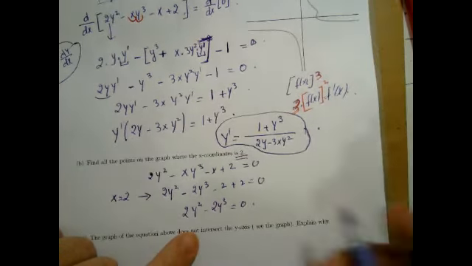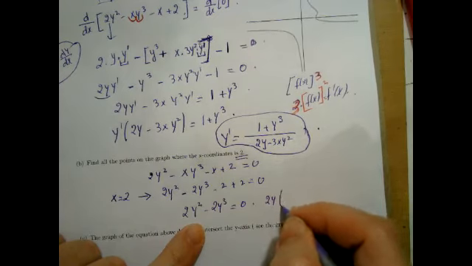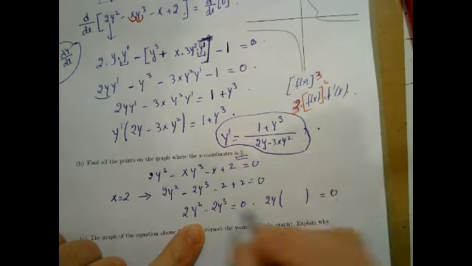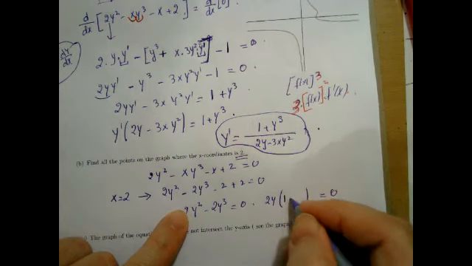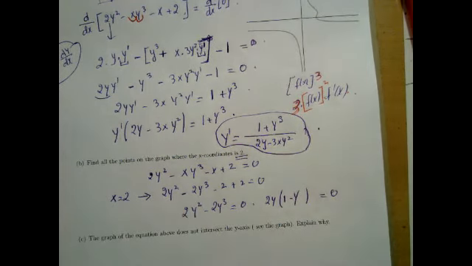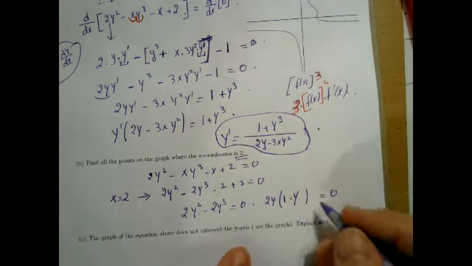Now I need to solve for y. So I factor out. Remember, I have to factor. I will get 2y, and then I will have 1 minus y equal to 0. And then I need to solve for y. So I'm going to get y equal to 0 and y equal to 1.